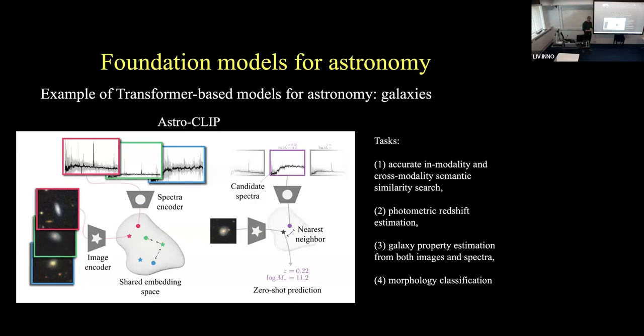Now, other foundation models that have been developed for astronomy on a more scientific level are things like this AstroClip, which, if you're not familiar with, is a foundation model that essentially takes data collected on galaxies. So they take galaxy images, and they take galaxy spectra, which are these crazy wiggly lines. And the idea is to create a model that has this embedding that can then create the data in itself.